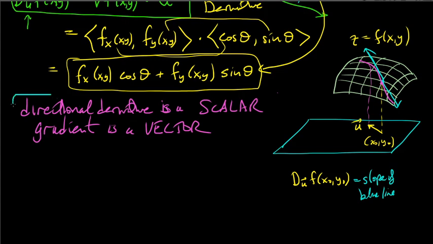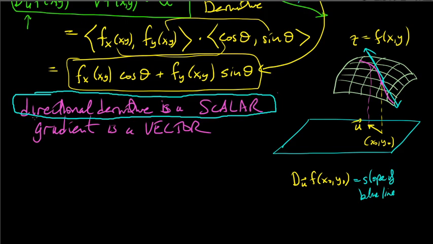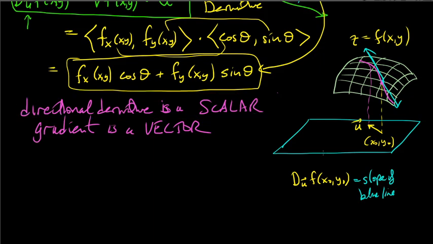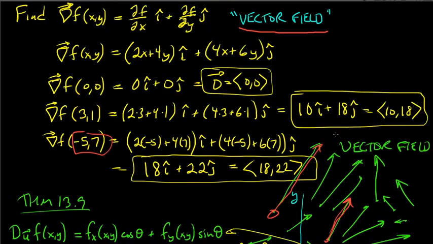The directional derivative is not a vector, it's a scalar. If you write it as a vector, it's automatically wrong. And the gradient is a vector. If you write it as a scalar, that's also wrong. So when we did this example up here, if you're not careful and you write the gradient of f at negative 5, 7 is 18 plus 22, which would be 40, that's absurd.